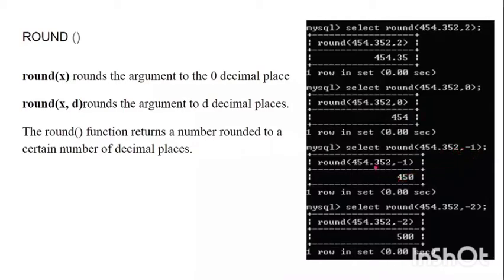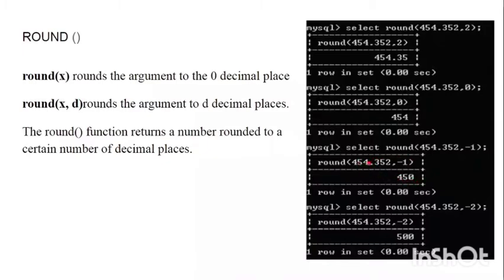Here it rounds the digit just before the decimal point to 0. So 454.352 comma minus 1 will give the output as 450.